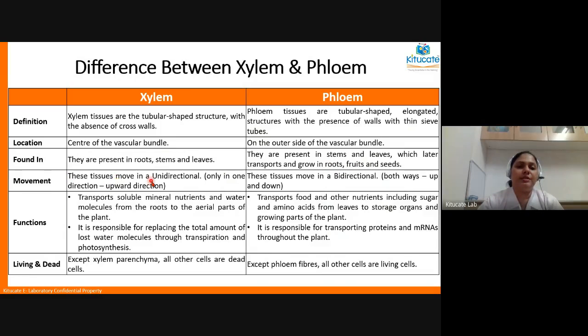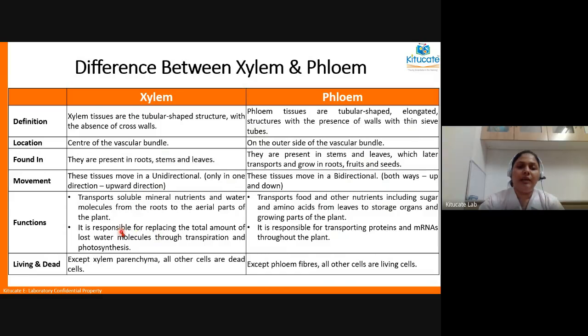Movement carried out in xylem is unidirectional. It is from bottom to up, against gravity. But in case of phloem, the movement is both ways. Functions of xylem: transportation of water and minerals from roots to other parts of the plant.